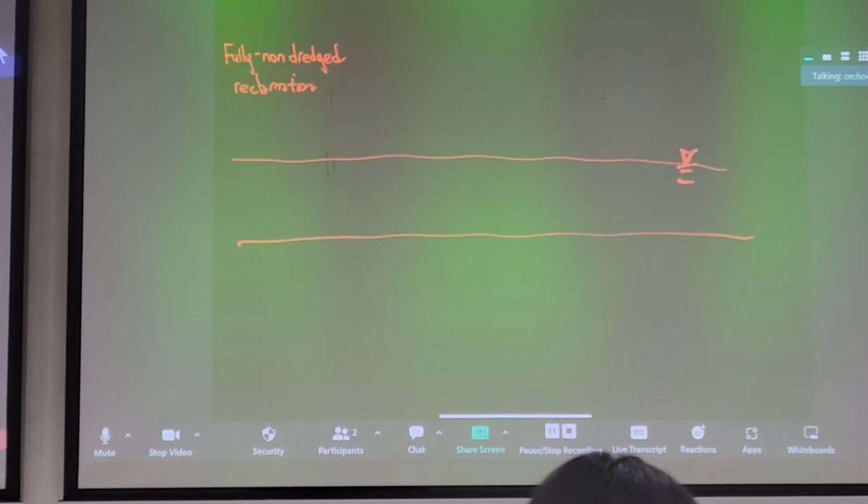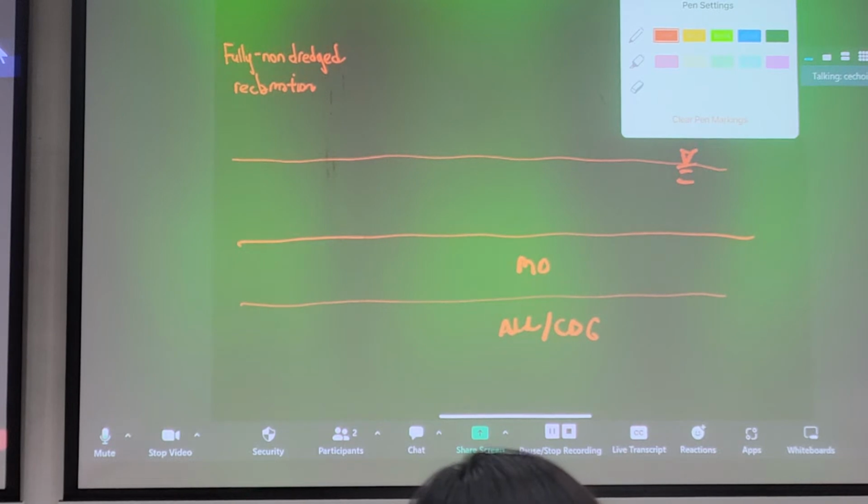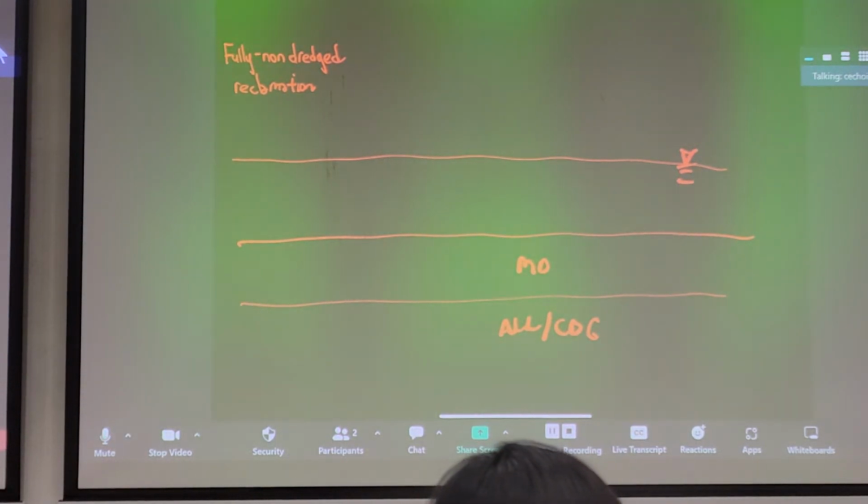So we have an empty layer. Underneath we have alluvium or some sort of CDG material. So now with fully non-dredged reclamation, even for the seawall, we may not have any dredging of the material.